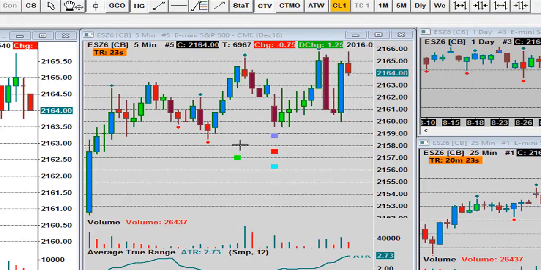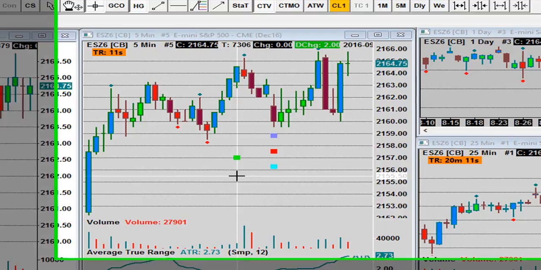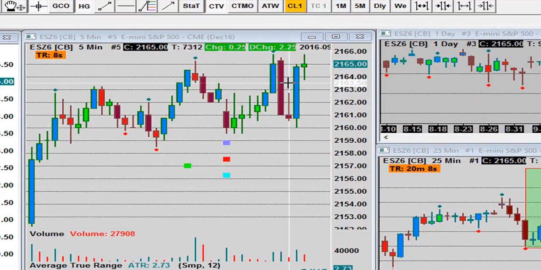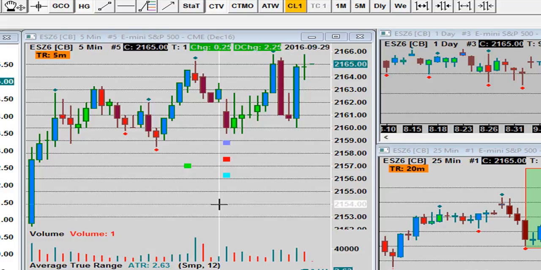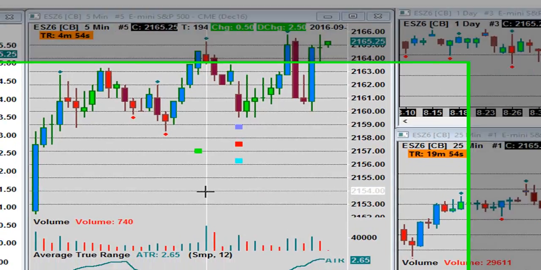This is acceptable, and the topping tail bar, which is likely to form, and if this happens, this will be our short signal to trade short. If this bar closes as a doji bar or as a green bar, then we will have to wait for another signal. Of course, now it's completed, we don't have a signal to trade, we must wait.